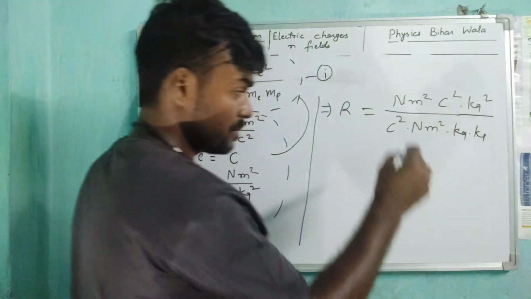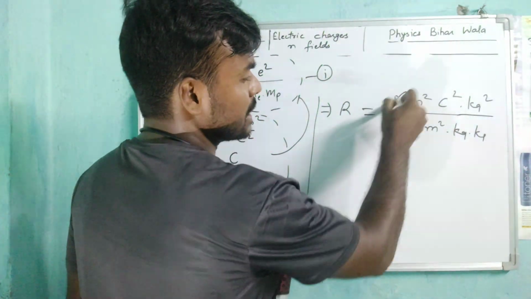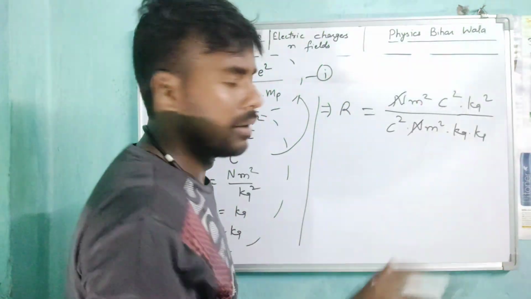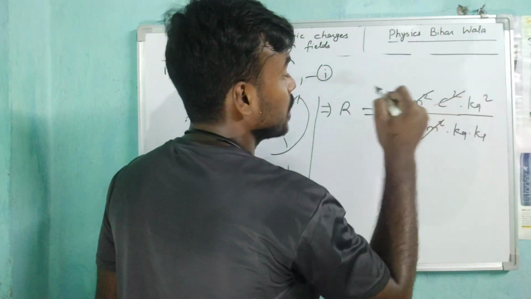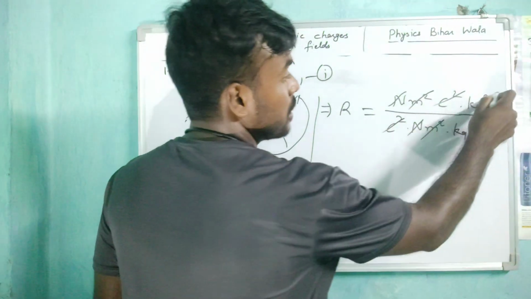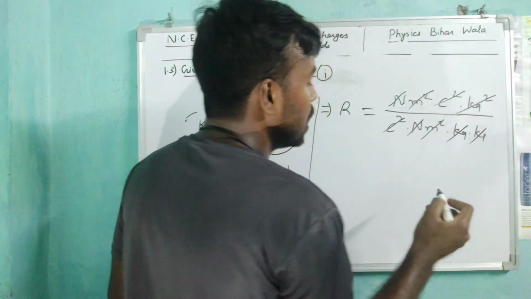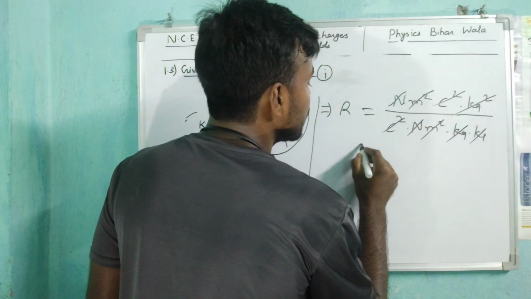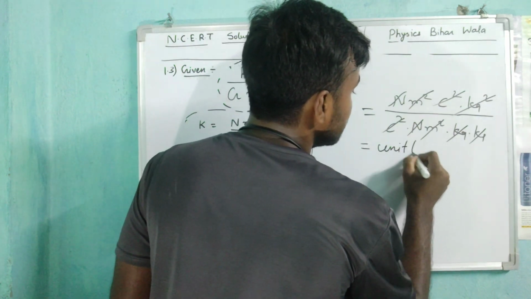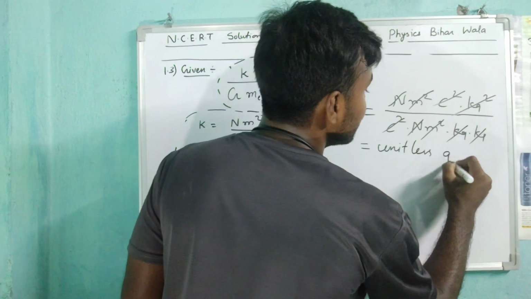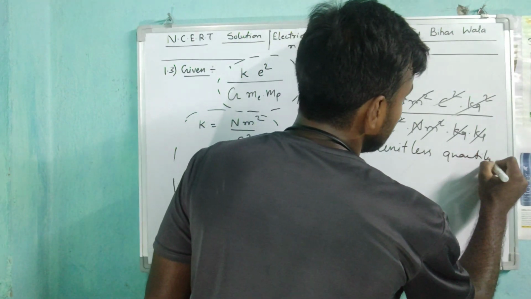So if we see clearly, this Newton cancels, this meter square cancels, this Coulomb square cancels, and kg square with kg and kg cancels. So ultimately what are we going to find? We are going to find it is a unitless quantity. This ratio R is a unitless quantity.